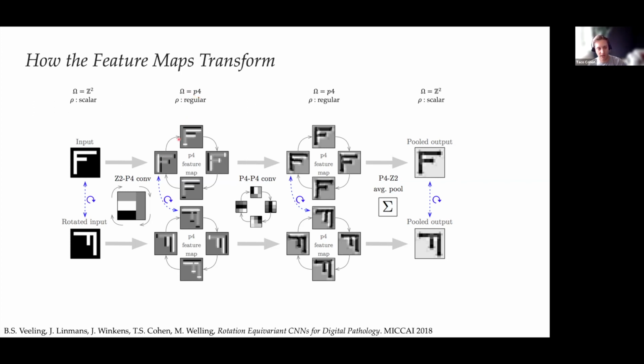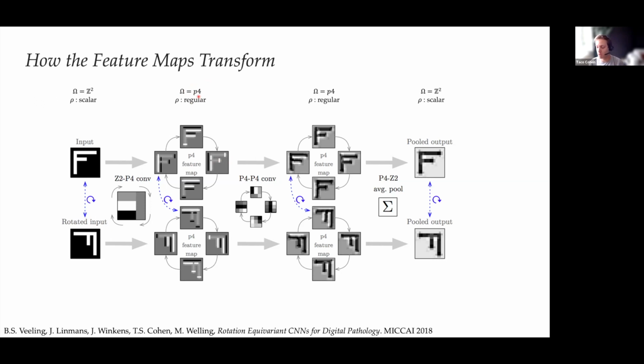So basically, if you look at these 4 channels, every pixel in any one of these channels, you can index it by saying, well, which channel is it? Meaning which of the 4 rotations does it correspond to? And then what is the spatial position? That is to say, what is the translation? And so indexing by rotation and translation, that's basically indexing into this group P4.